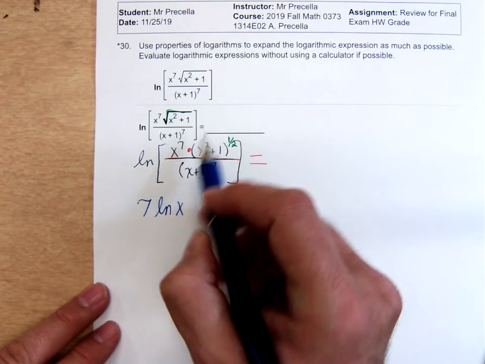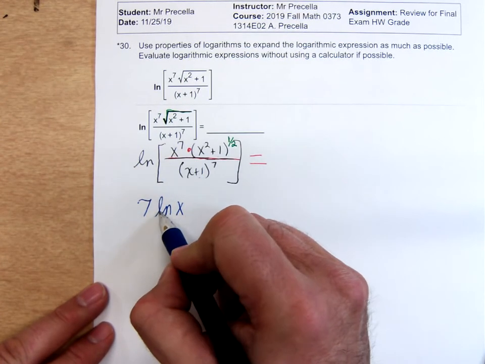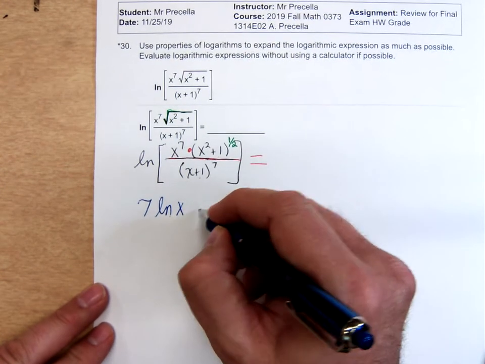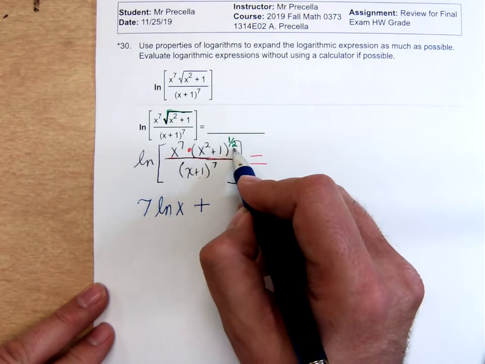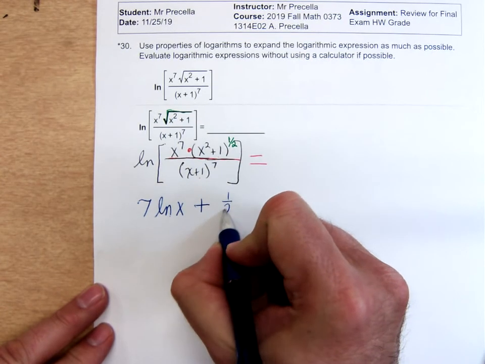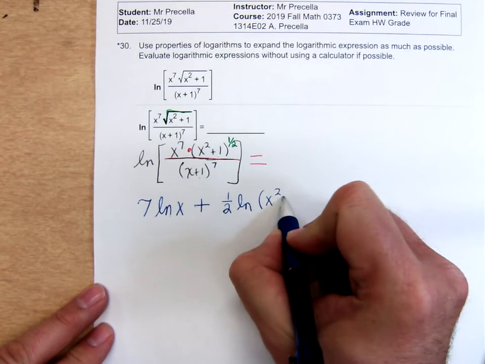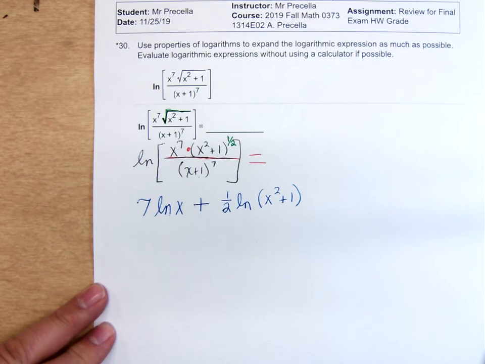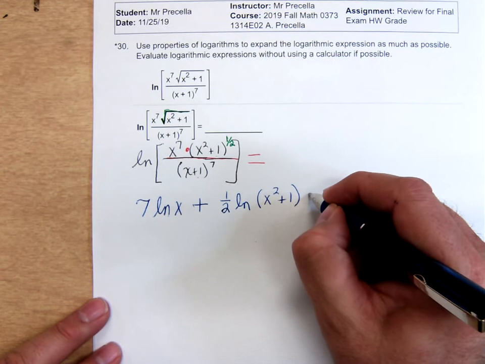The exponent goes in front of the letter L in x. Then a plus because we're still on top. The exponent goes in front of the letter L. That x squared plus 1 has to stay together. You can't separate it in any way. And then a minus. Why minus? Well, we're in the bottom.